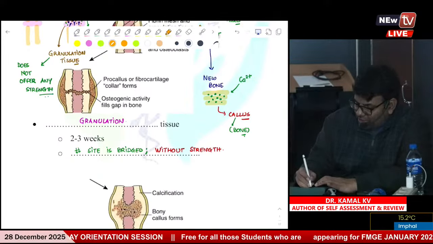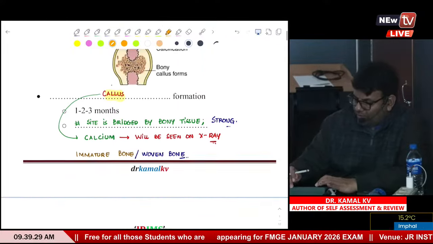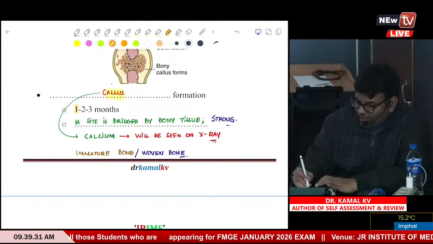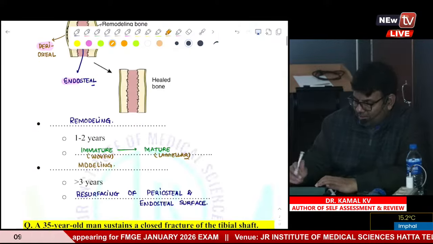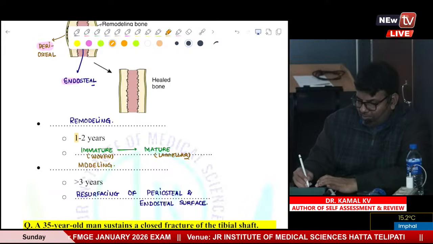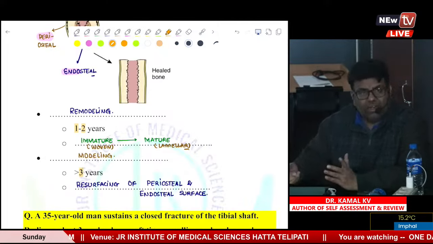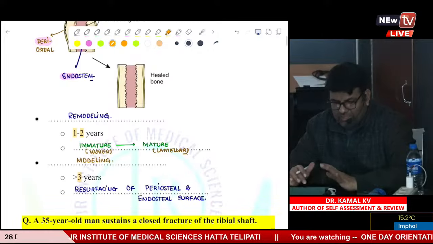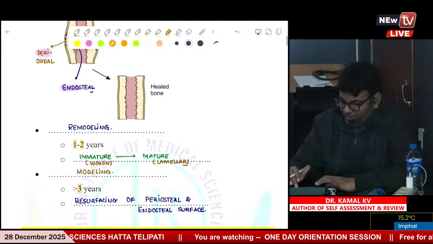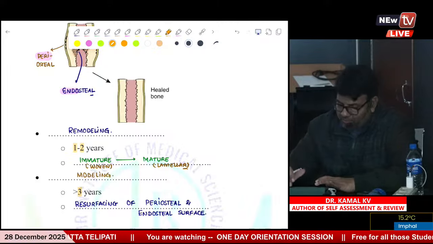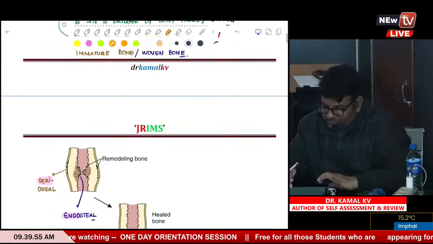What about granulation tissue? 2, 3, right? Then if you come to callus, 1, 2, 3 in months. Then remodeling again 1, 2, but in years, and modeling is 3 in years. So what you can see, 1, 2, 3, that is repeated again and again, and we are getting the different timelines. But yes, you have to remember whether it is in weeks, months, or years.